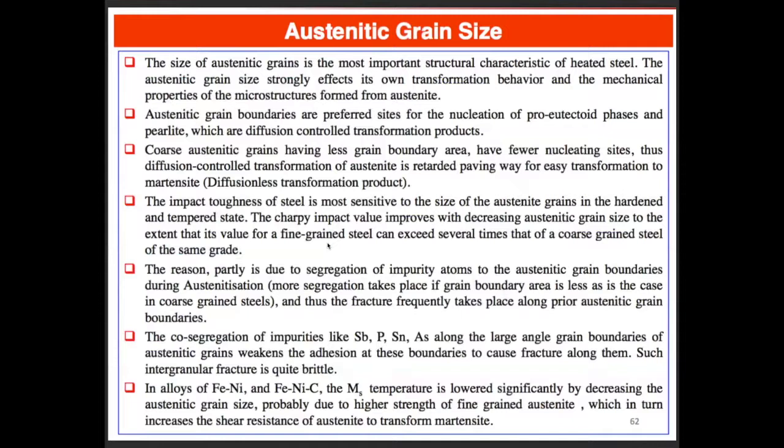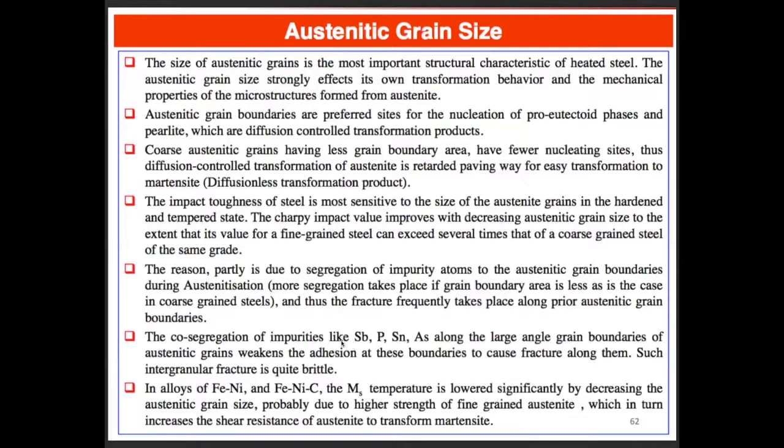Part of that has to do with segregation, and part of it has to do with the fact that the prior austenite grain boundaries are a preferential crack propagation path, right? So if I have small grains, I now have a tortuous crack path rather than a large, straight, simply connected fracture path, right?